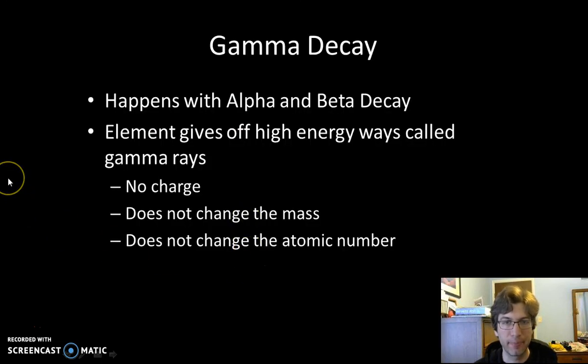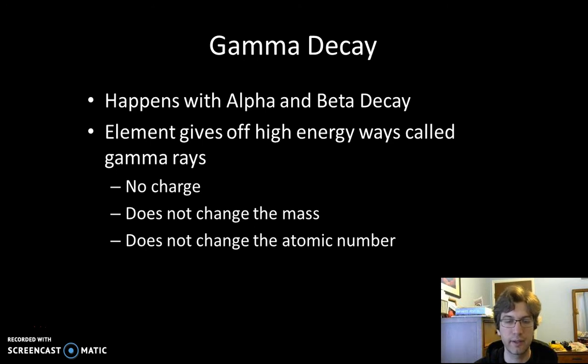Gamma decay is going to occur during both alpha and beta decay, so it happens simultaneously with both of these. This is the actual light energy that is being given off. It is a ray of light. However, it is so high on our spectrum of light that you cannot see it.